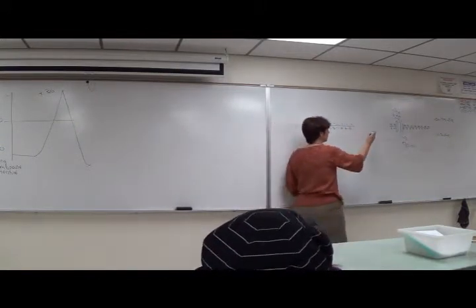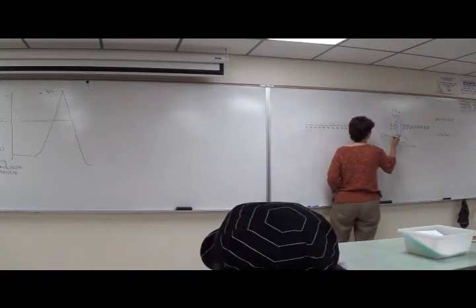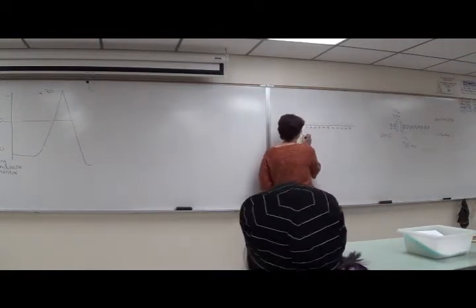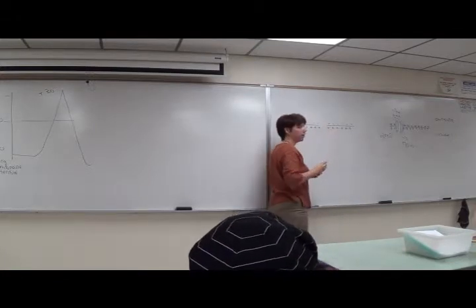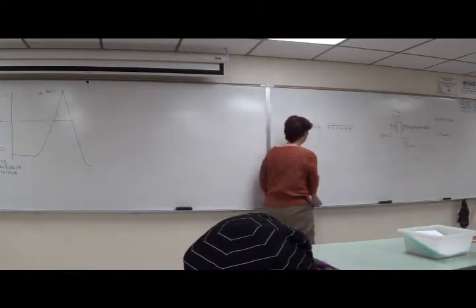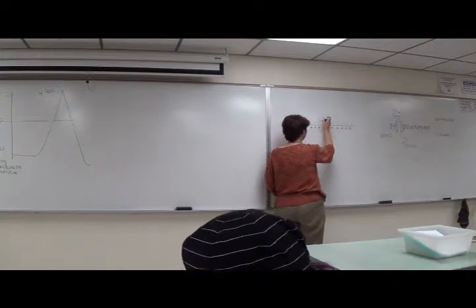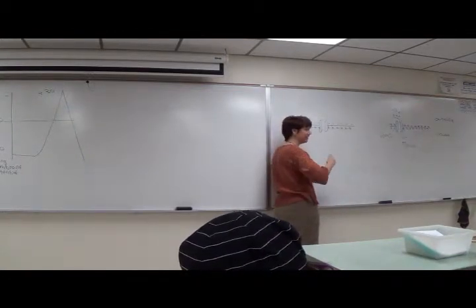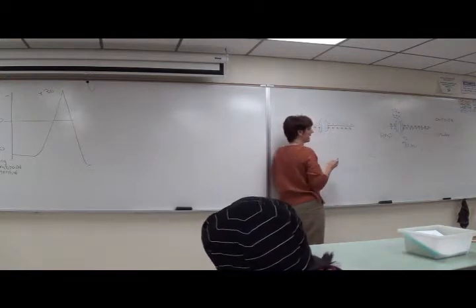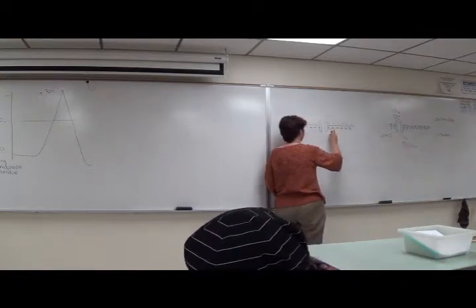Okay, so this is resting membrane potential. This is action potential, such that if we were to allow ions to flow through our channel, they would flow in the opposite direction. We have more positive inside than outside, right at the membrane.